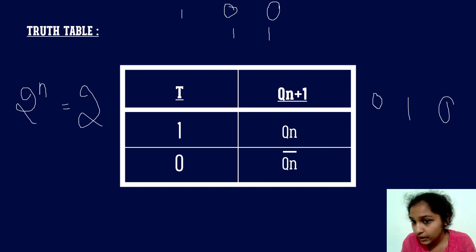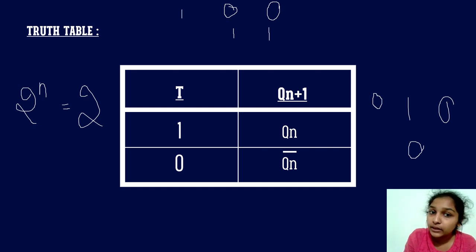Very similarly, when you take 0 as an input and you're getting, let's say, 0 as an output, then the next state output will be the complement of 0, that is nothing but 1.